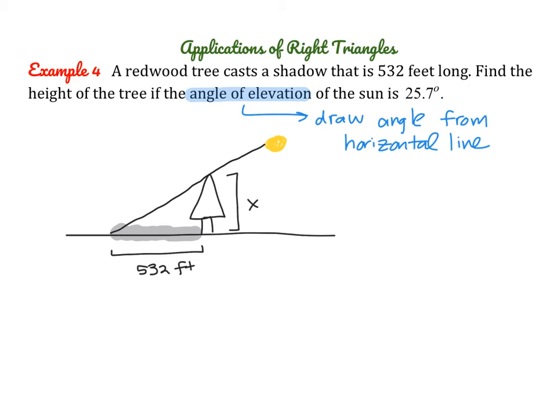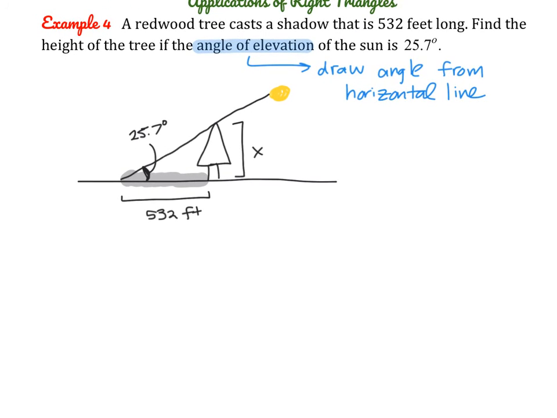Notice that from the tip of the shadow, it hits the top of the tree, because that's how shadows are made, and then it goes up to the sun. And this angle right here, the angle formed with a horizontal line, is 25.7 degrees. It's really important whenever you're drawing an angle of elevation or depression that that angle is touching a horizontal line.